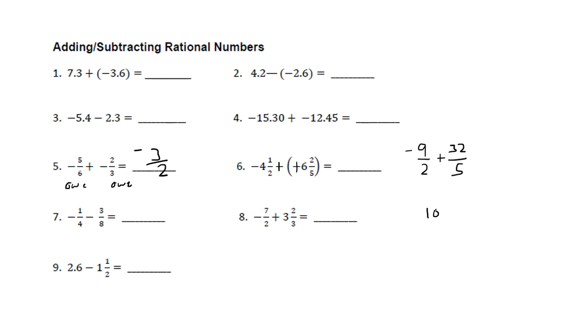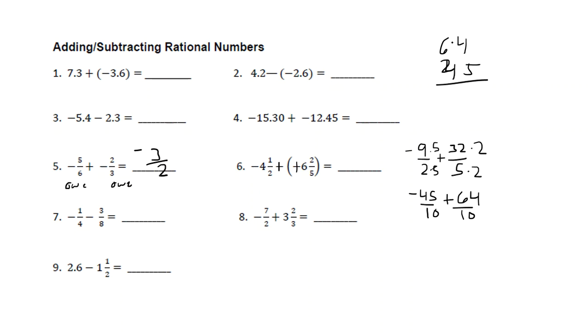Now we find a common denominator, which in this case would be 10. We times this one by 5, this one also gets times by 5, so this becomes a negative 45. This one we times by 2, this one we also times by 2, so that becomes a 64. Now, negative 45 plus 64. If you owe $45 but you have 64, you're going to end up having a positive answer, and we just have to find the difference between 64 and 45.